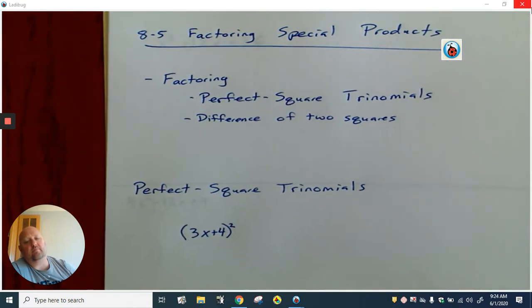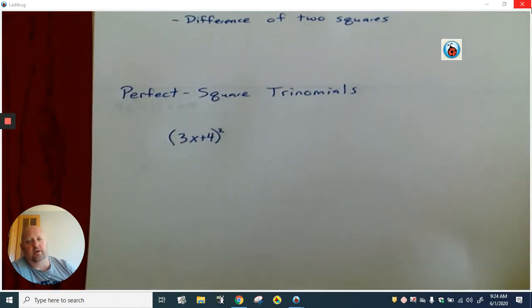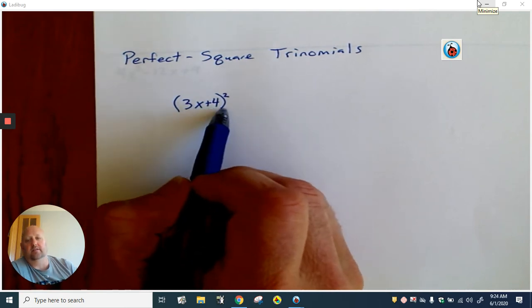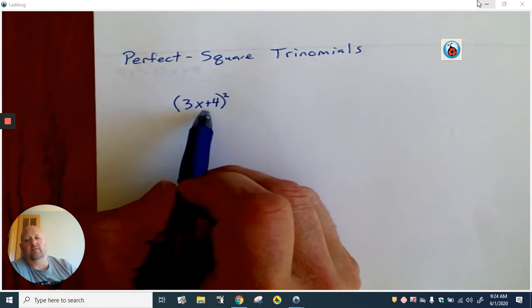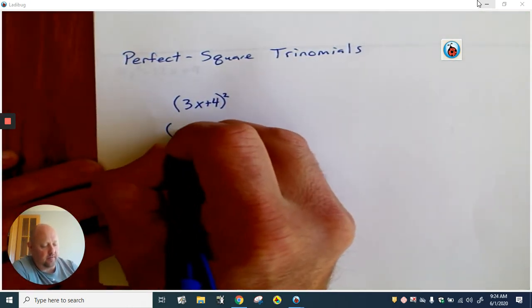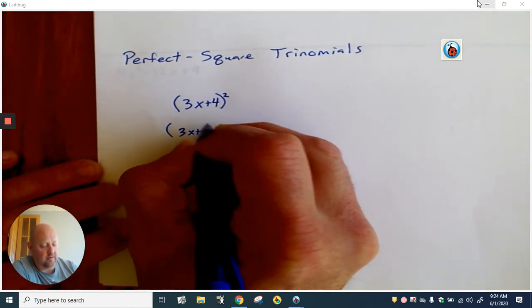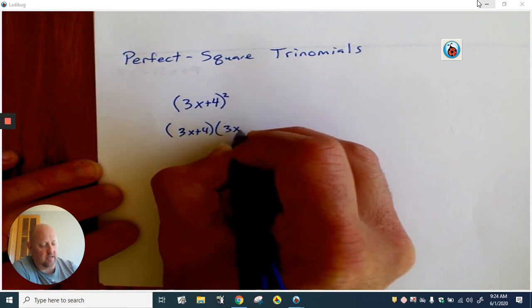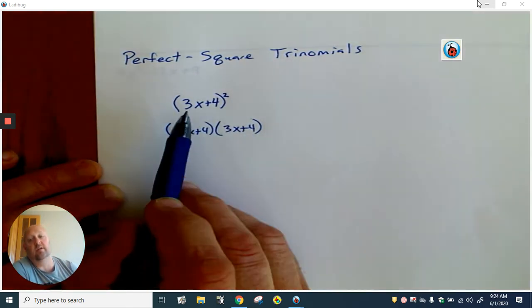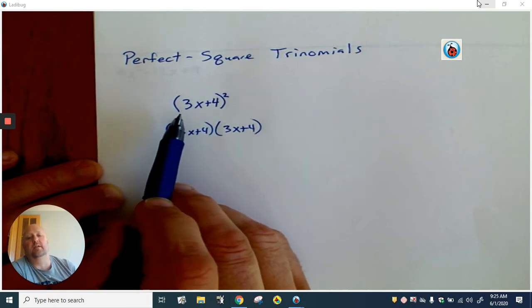Okay. So the perfect square trinomial comes from basically this, where you have 3x plus 4 squared, or 3x plus 4 times 3x plus 4. So I'm kind of working this one backwards. The goal here is to get back to something nice and pretty like this.